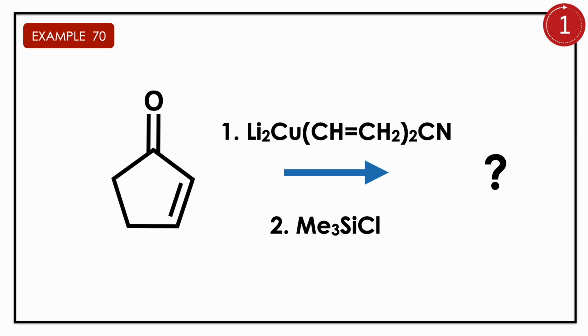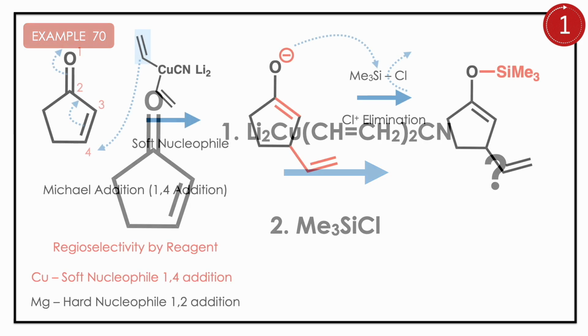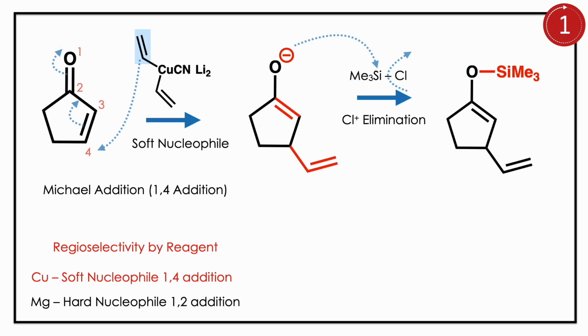Then the next example, you have conjugated ketone and you have organometallic compound, lithium and copper with cyanide and trimethylsilyl chloride. You should find what will be the final product. Here, whenever you come with copper, you always think of soft nucleophile. Soft nucleophile promotes the regioselectivity in the fourth position.